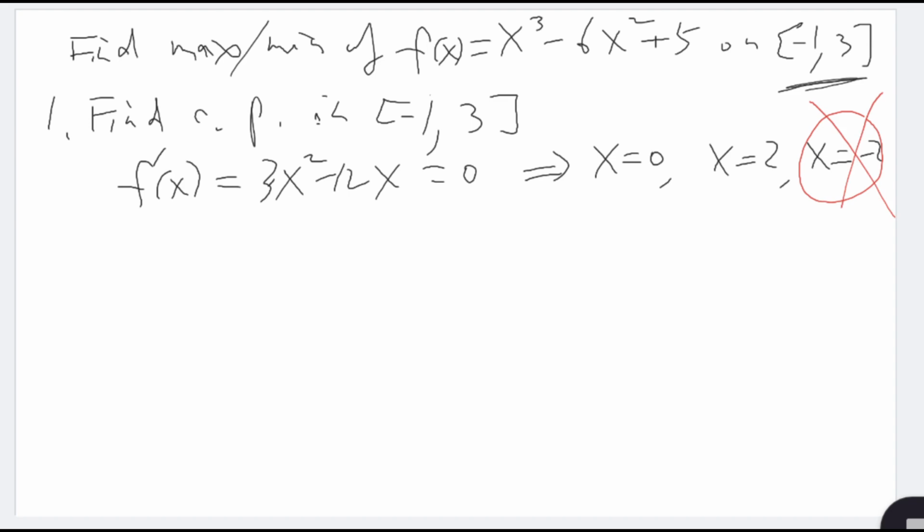All we need to do then, step 2, is evaluate the function at critical point 0, critical point 2, sorry.